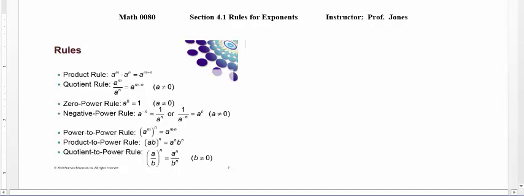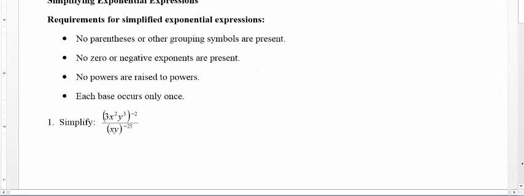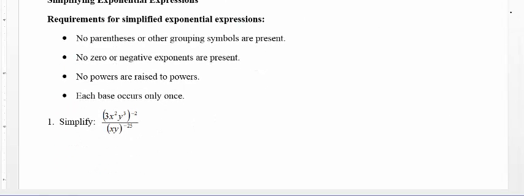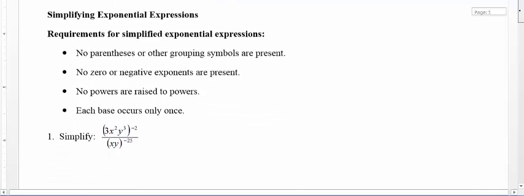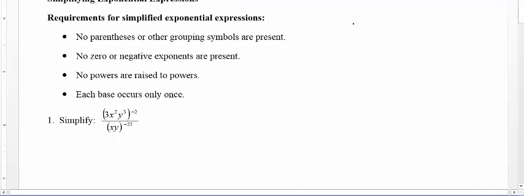So these rules are going to be used to simplify exponential expressions. An exponential expression is simplified when no parentheses or grouping symbols are present. Also, no zero or negative exponents are present.